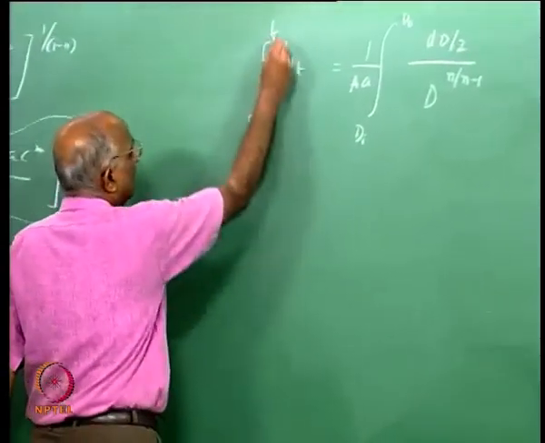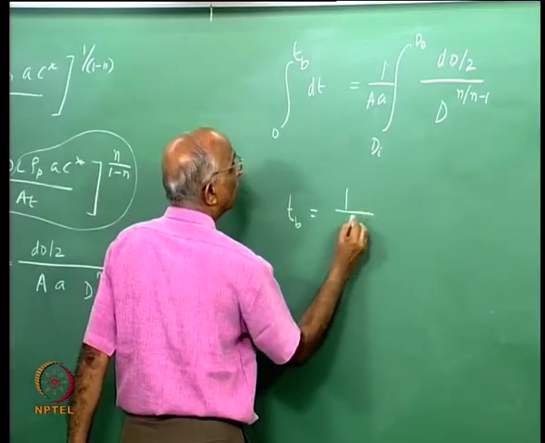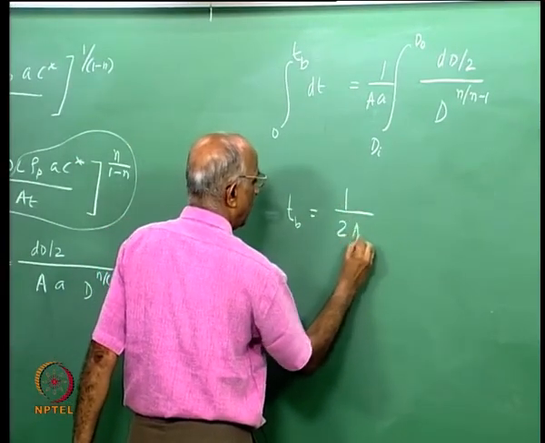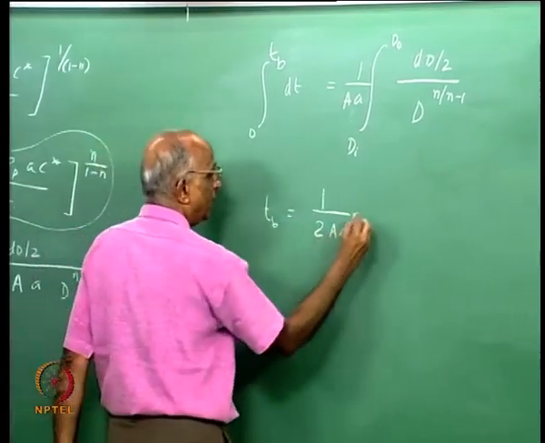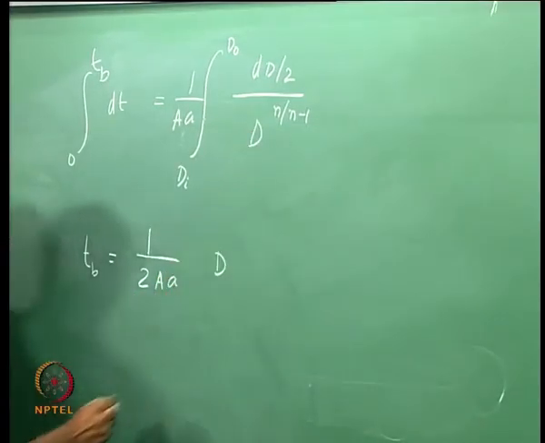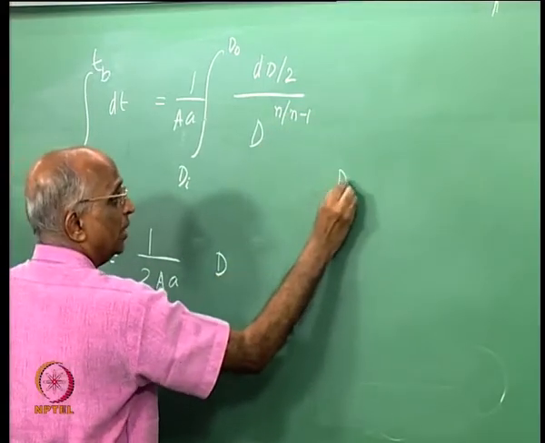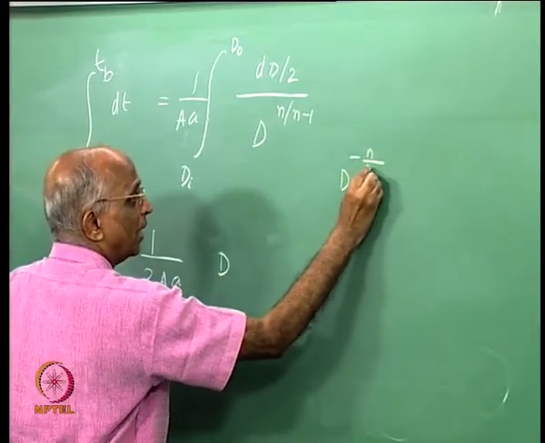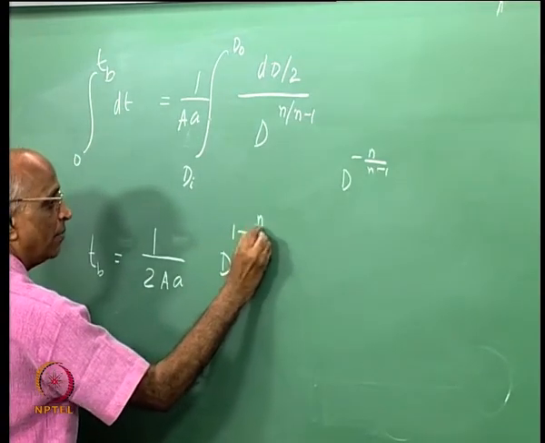I get Tb minus 0, therefore Tb is equal to 1 over 2a into the exponent of the burning rate law. Now, I integrated d to the power n. If I bring it up, it is d to the power minus n divided by n minus 1, therefore this becomes 1 minus n by n minus 1.